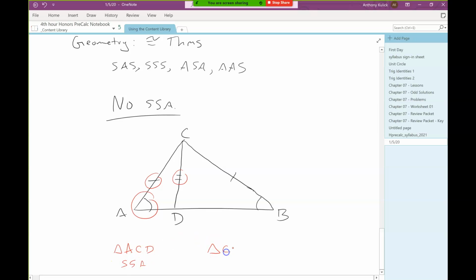And for triangle CDB, we have SSA. But those two triangles are definitely not congruent, right? Everybody's okay with that?